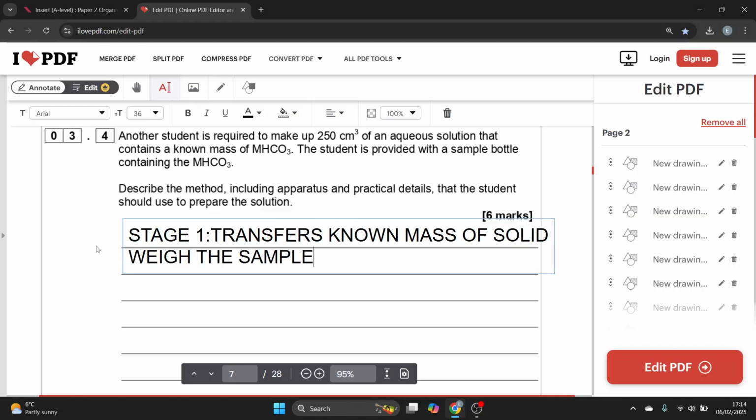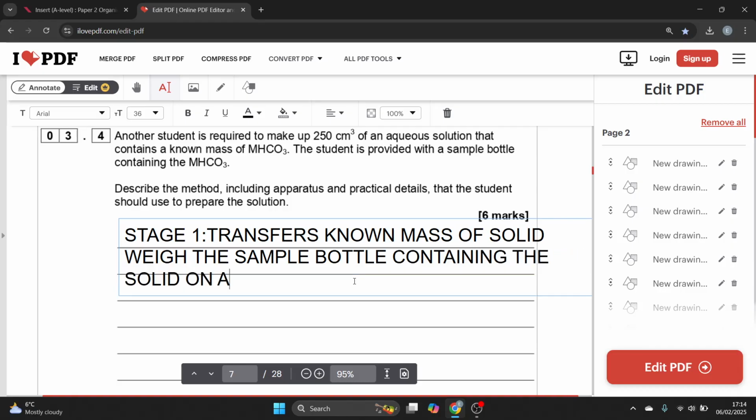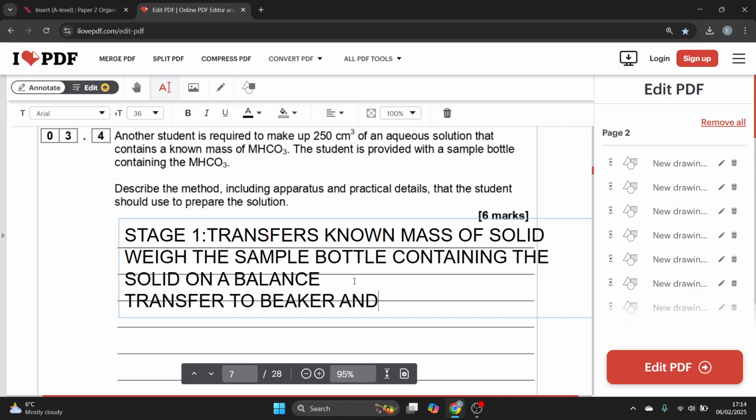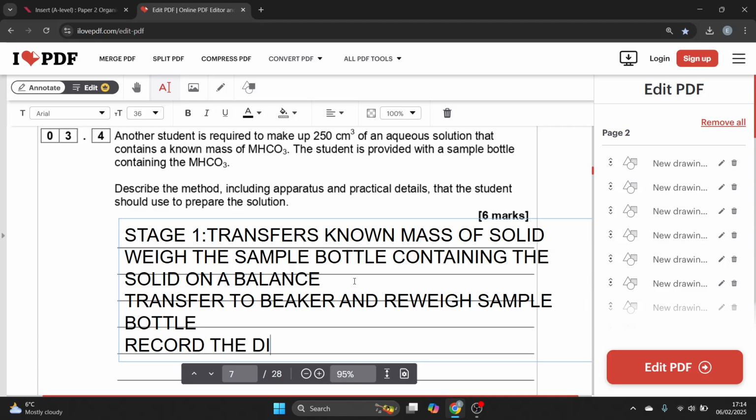Weigh the sample bottle containing the solid on a balance, transfer to beaker and re-weigh sample bottle, and then also record the difference in mass.